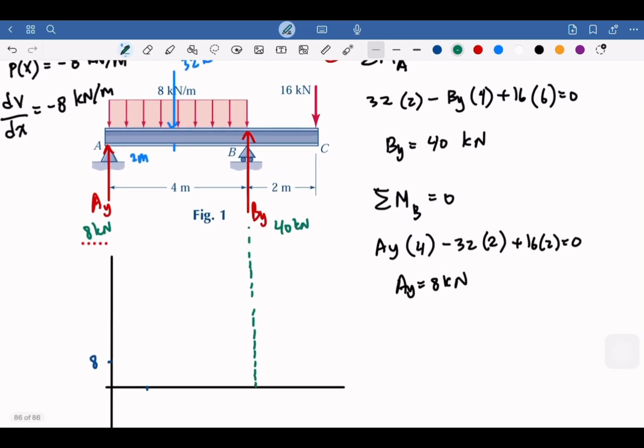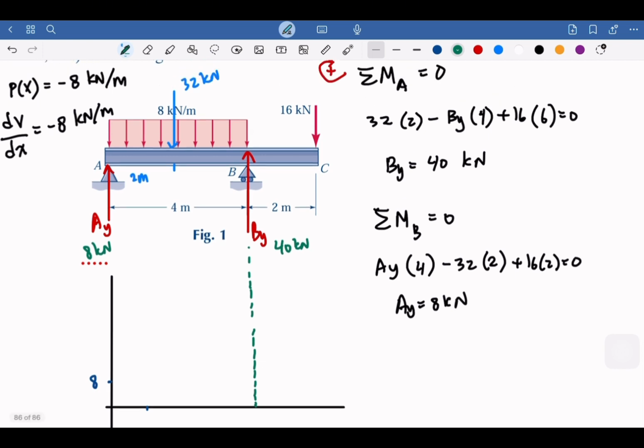So 8 kilonewton, we have the distribution load, which is concentrated into 32 kilonewton. From this distribution load, we are expecting that this 8 is positive, and then the distribution load is negative.